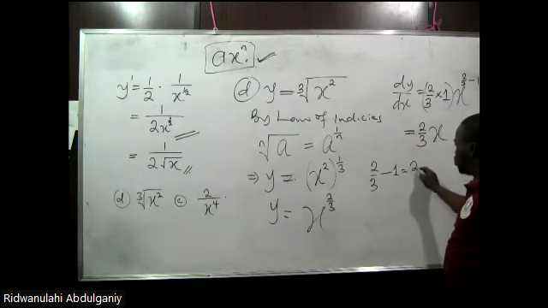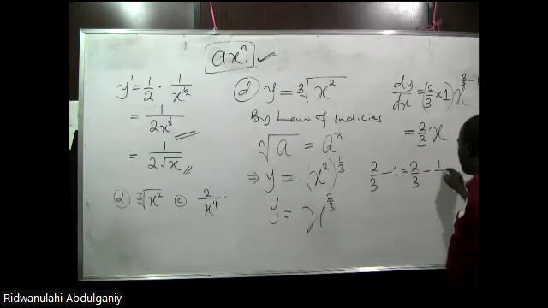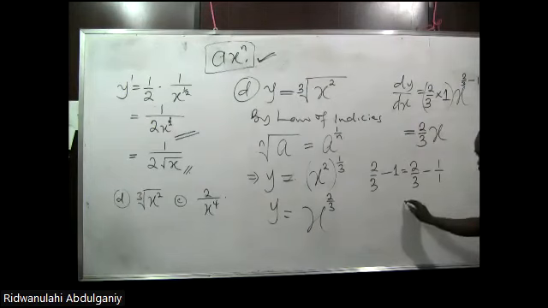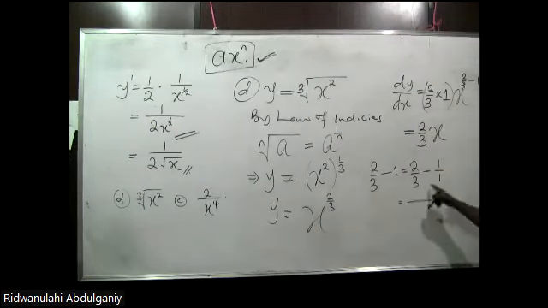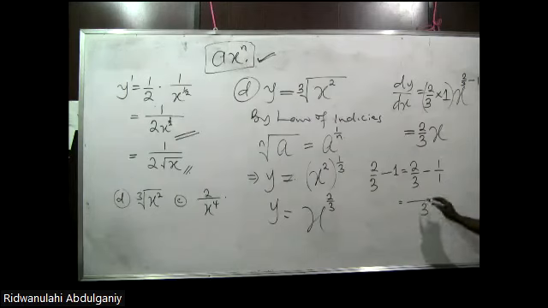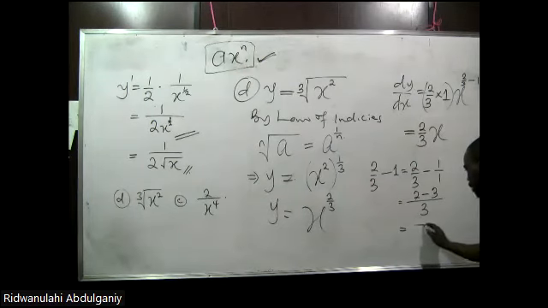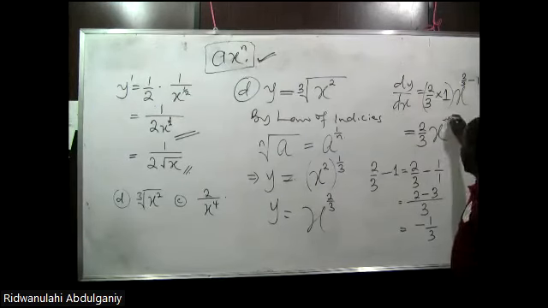It can be written as 2/3 minus 1/1. The LCM of 3 and 1 is 3. 3 divided by 3 gives 1, 1 times 2, 2. Minus 3 divided by 1 gives 3, 3 times 1 is 3. 2 minus 3 gives minus 1, then over 3. So that means that my power here is minus 1/3. Final answer.